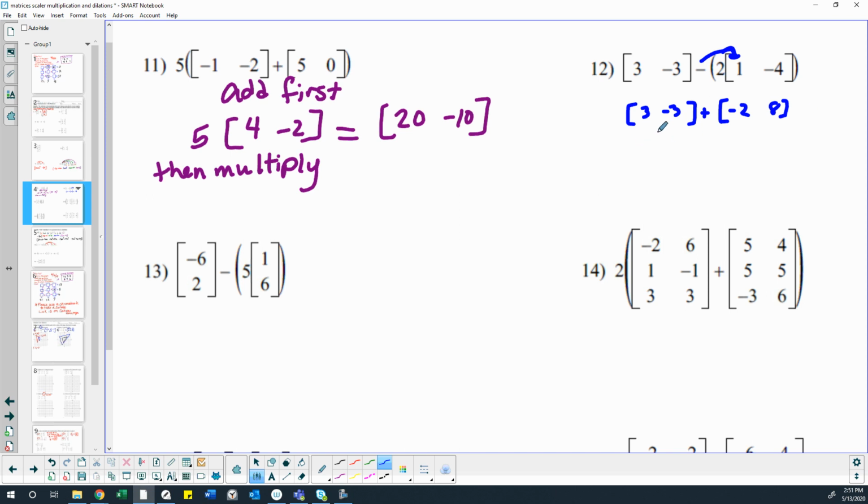So we don't have to worry about a double negative turning into a positive, because we already took care of that negative, turned it into a positive, and now we just add it. So 3 plus negative 2 is 1, and negative 3 plus 8 is positive 5, and we have our resulting matrix. Notice how these matrices were both 1 by 2s, and our answer is also a 1 by 2.